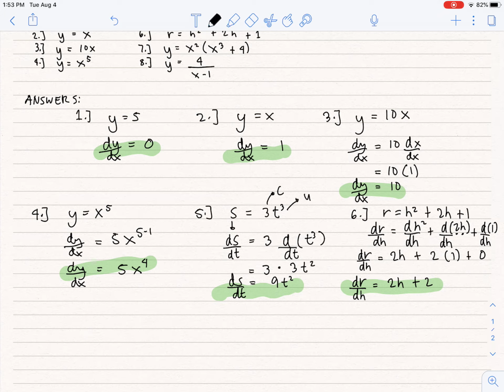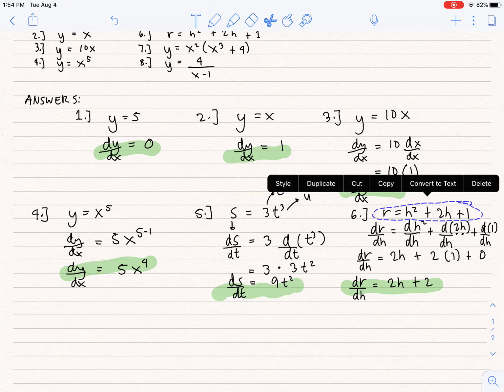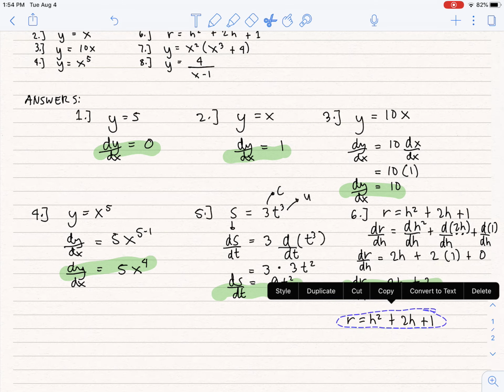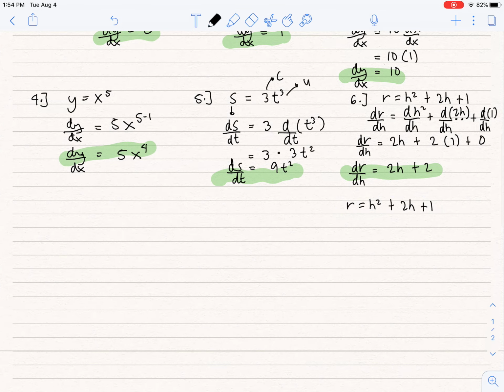Okay, so I know this is a lengthy process, but we can actually use shortcuts. Let me just copy this. So ito ay butang shortcuts dira. Pag mahawd na ta mag-differentiate, dali lang ni siya. So this is just the left side, dr over dh, because h is the independent variable. The derivative of that is just 2h, right? Then this is just 2. Then this is just plus 0.